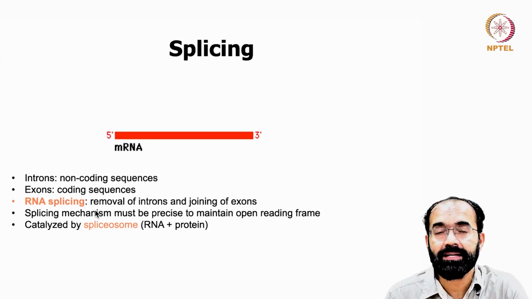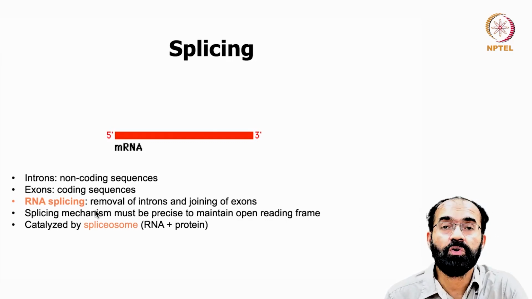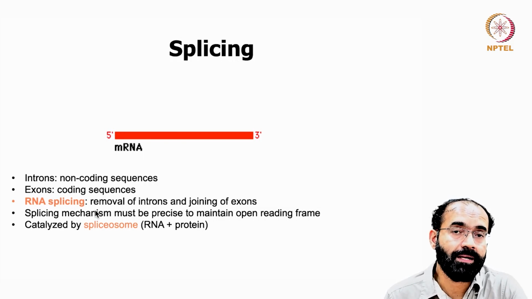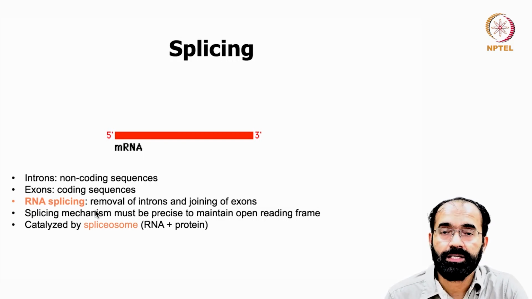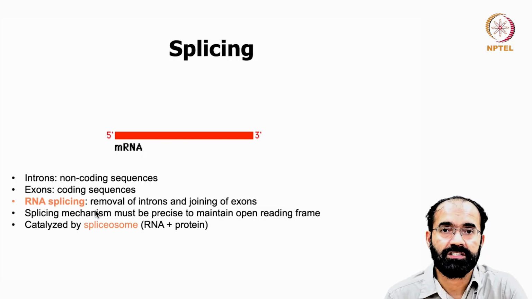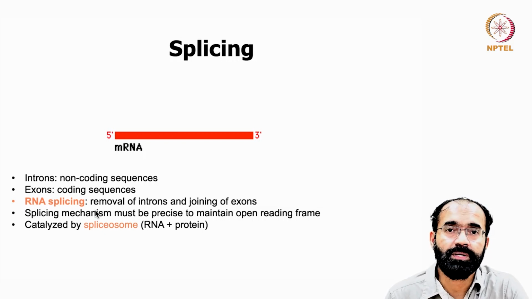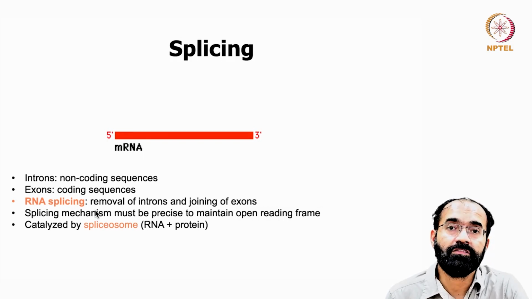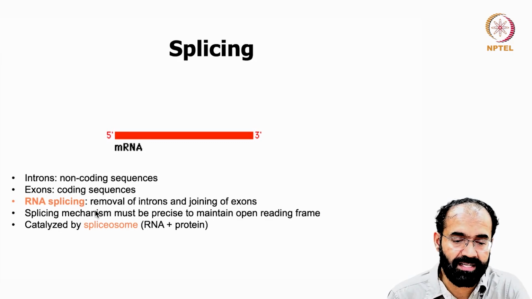Even a one base error is not possible, because the coding sequence is in triplet codons. If a triplet becomes a quadruplet, or a triplet becomes a duplex, then you have a frame shift mutation. So the precision has to be at the level of a single base. You cannot have one base extra, you cannot have one base less. It has to be so precise.